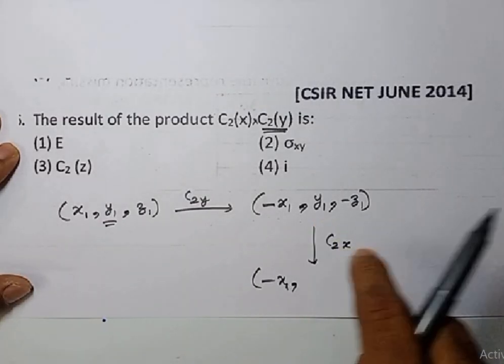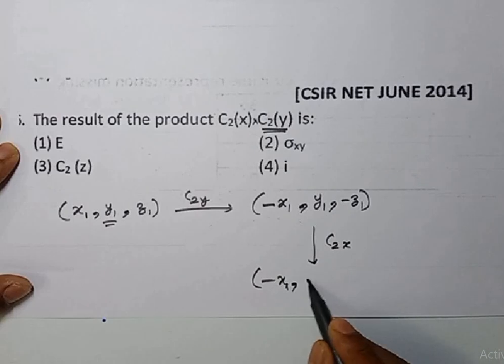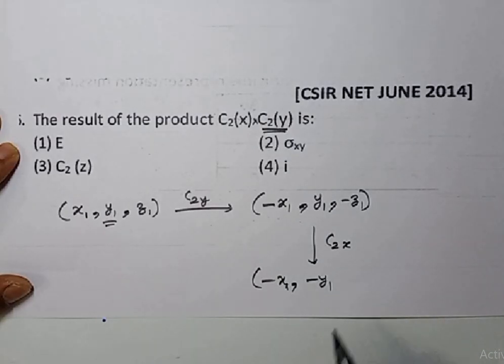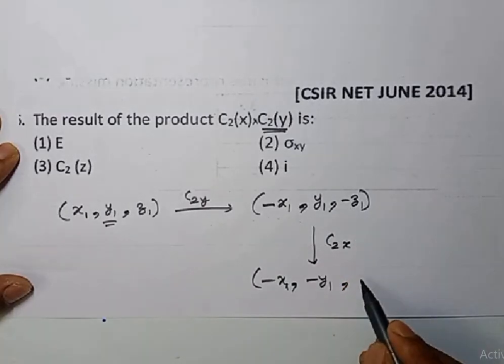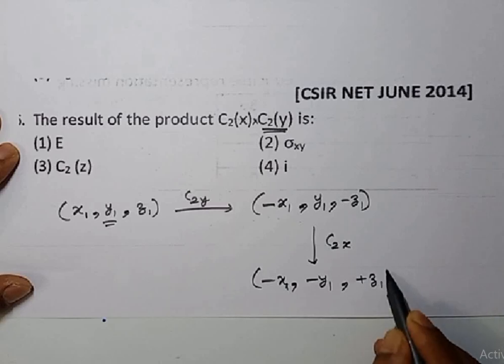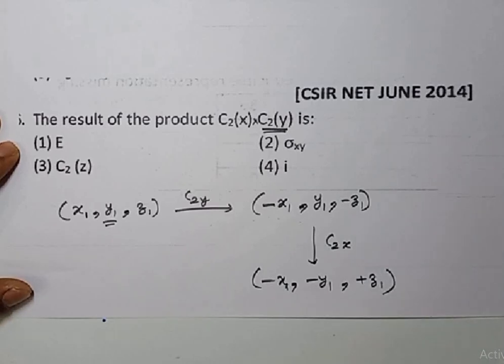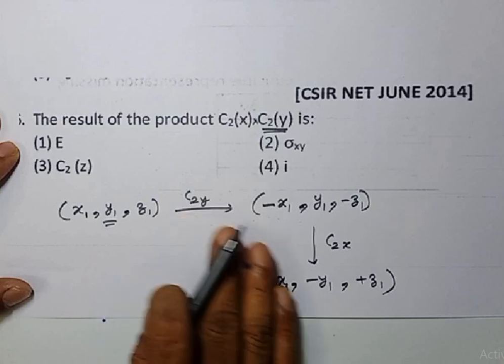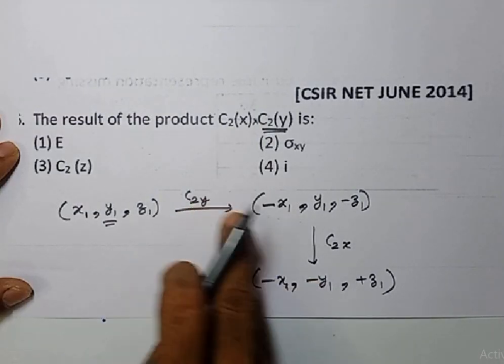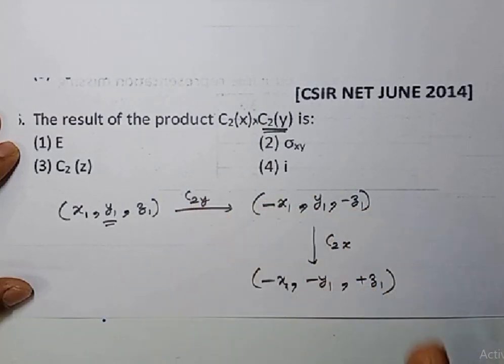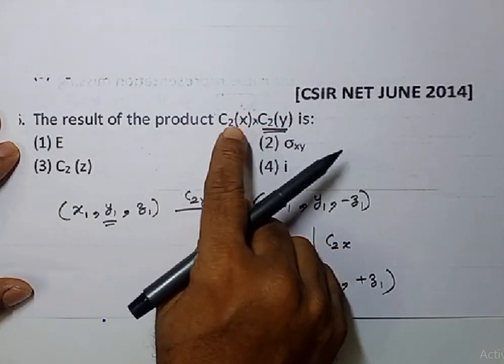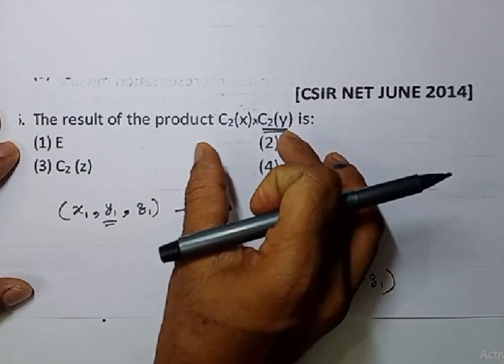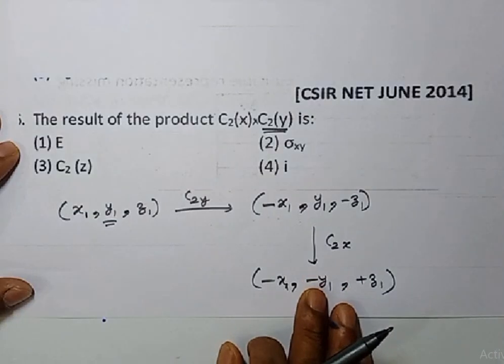Since I am rotating along the x-axis, y1 becomes minus y1, and minus z1 becomes plus z1. So this is the result of these two operations, C2Y into C2X. This product will give me this result.